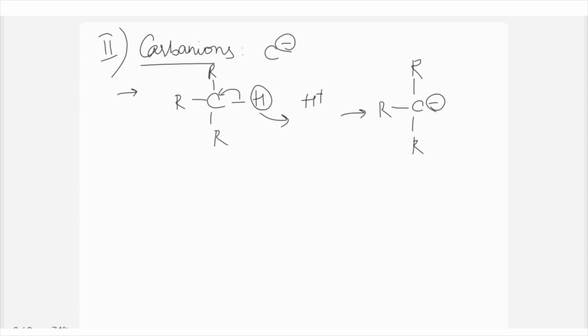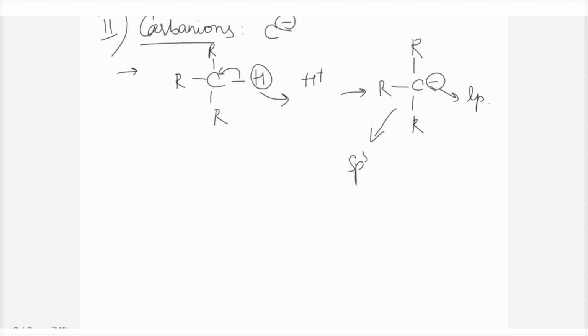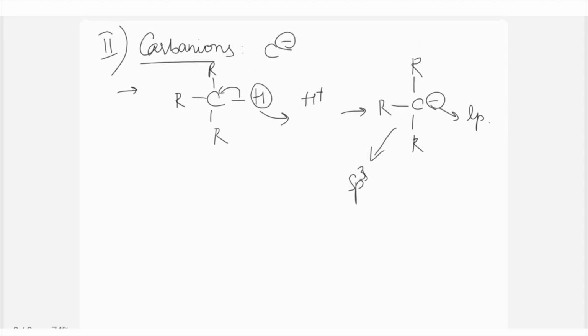So carbanion is having 3 bonded pairs of electrons and 1 lone pair, or you can say an unshared pair of electrons. Accordingly it will show sp3 hybridization. Carbanion is sp3 hybridized and it is surrounded by how many electrons? 8 electrons. So it is not electron deficient. Generally this carbanion is arranged in the form of a pyramidal shape instead of tetrahedral.